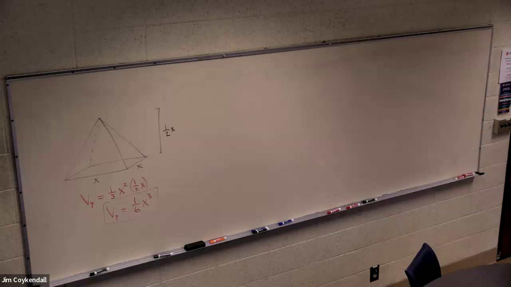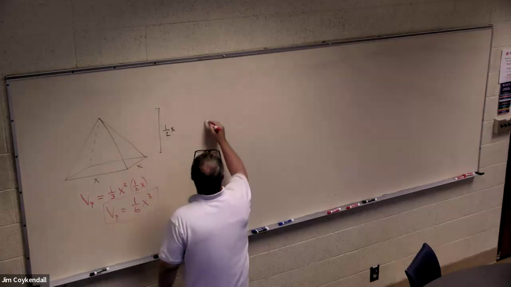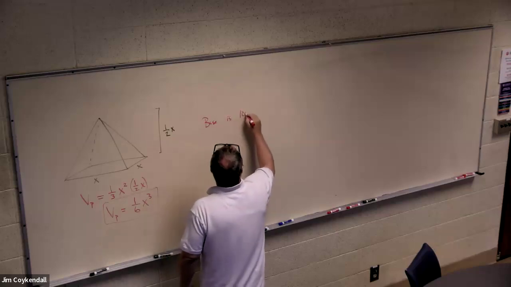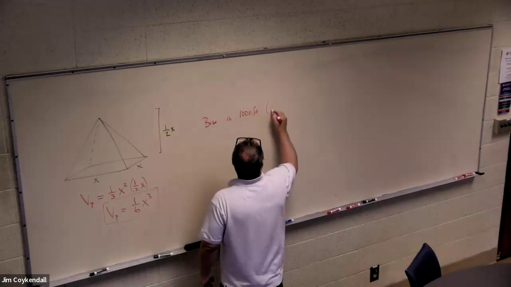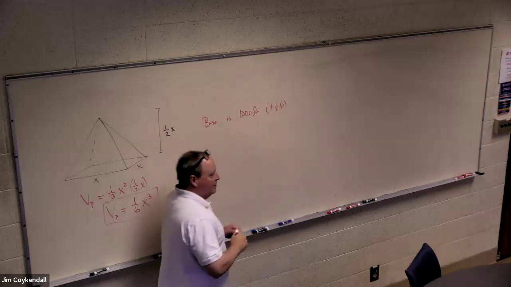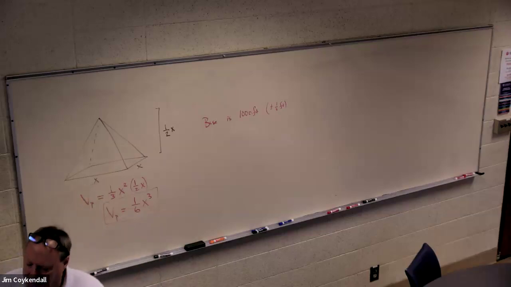It says the base is measured to be 1,000 feet with a maximum error of 1/2 foot. Estimate the maximum error obtained in using the measurement of the base, 1,000 feet, to calculate the volume of the pyramid.